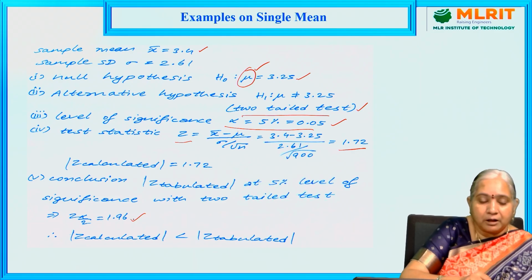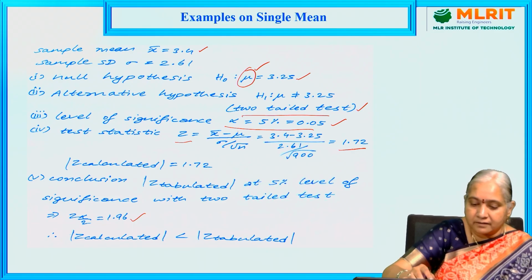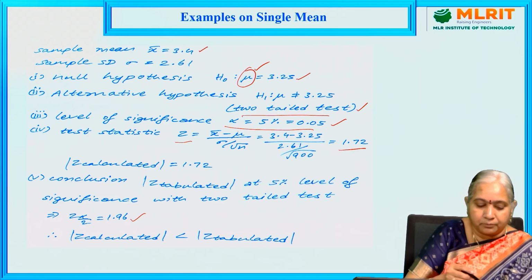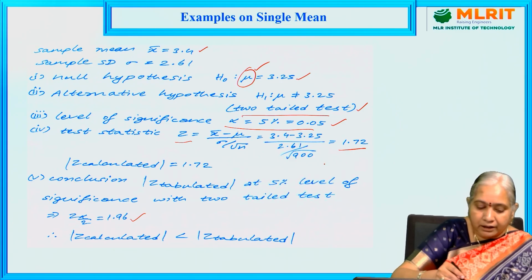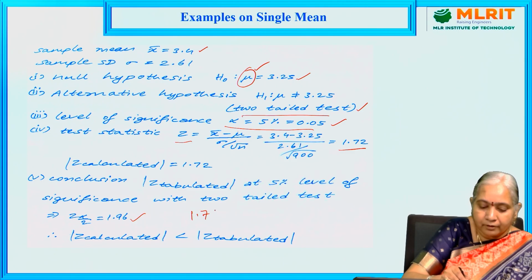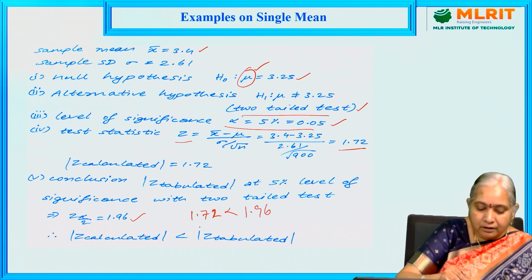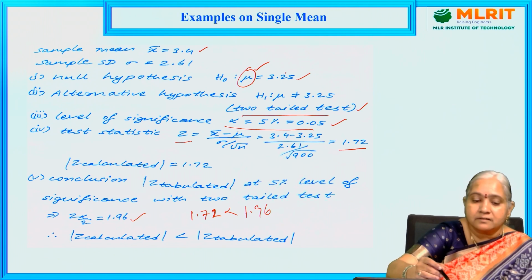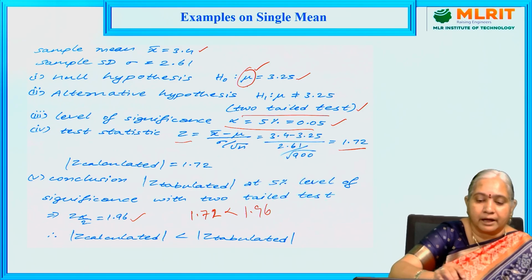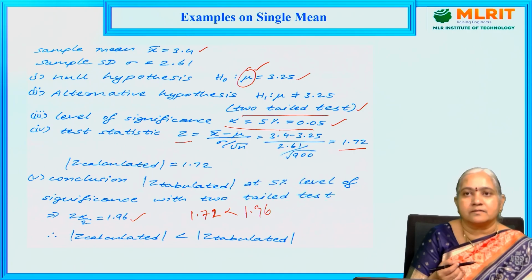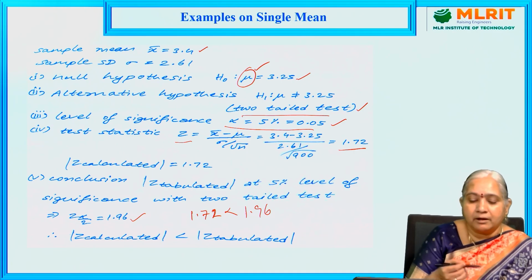So this is the tabular value 1.96 and this is the calculated value 1.72. Now the calculated value is less than the tabular value. 1.72 is less than 1.96. Therefore, we accept the null hypothesis at a 5% level of significance. That means in our claim there may be 5% error.